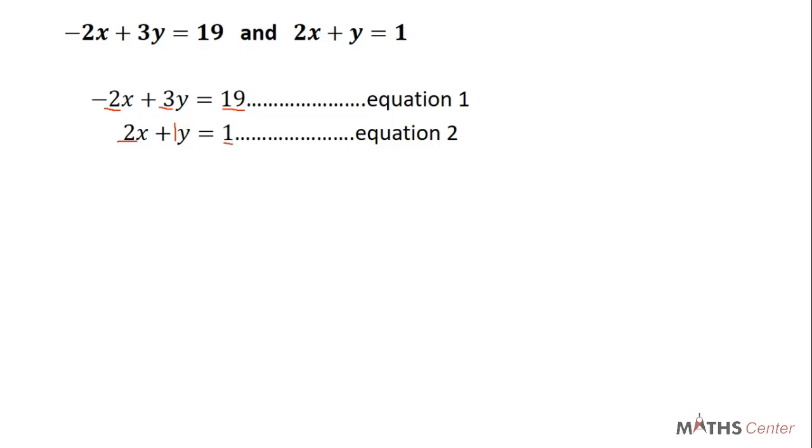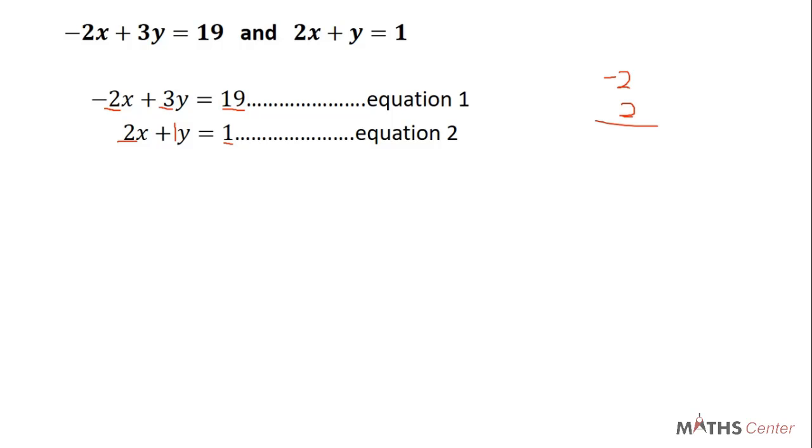So we are concerned with the number, not the sign. So we can eliminate that since they have the same number. But for y, it's 3 here and 1 here. That would be a bit tedious for us. So let's go with the one that has the same coefficient.